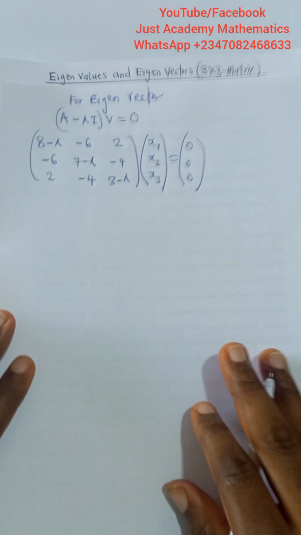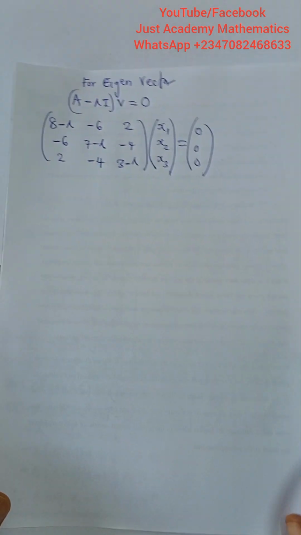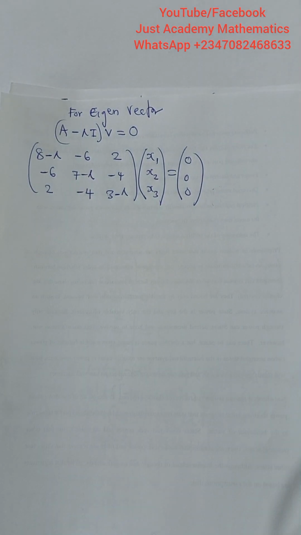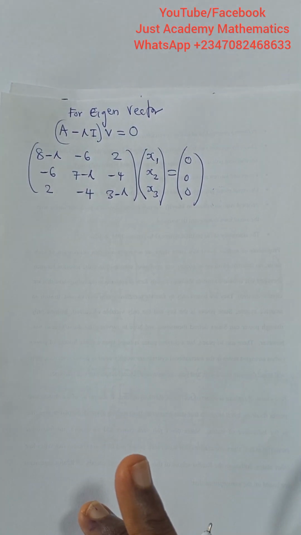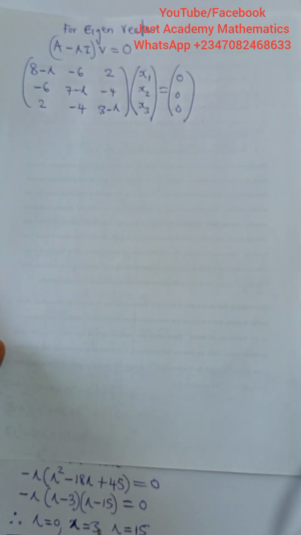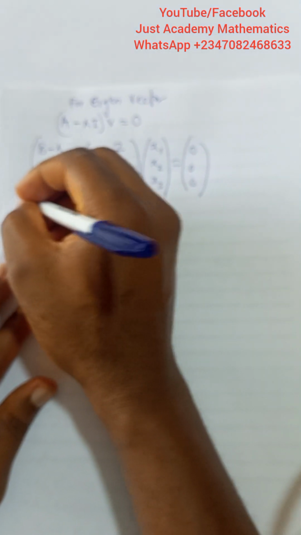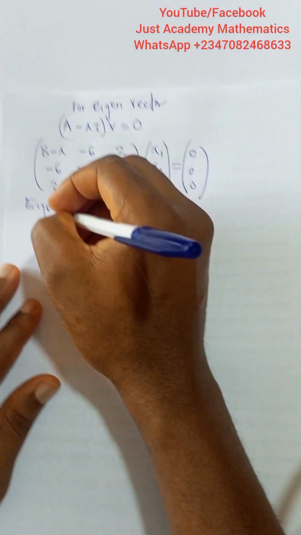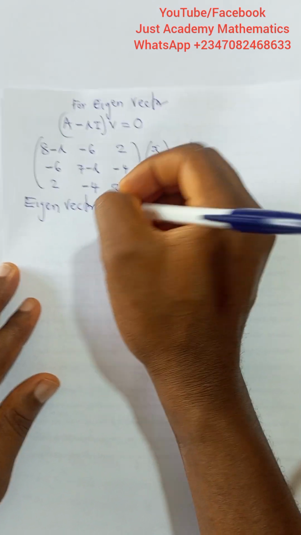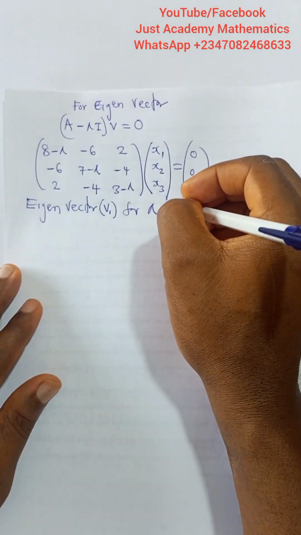So with that, we can proceed now. Remember that we have 3 eigenvalues, which are 0, 3, and 15. Let's proceed. Eigenvector, now we can call it V1, for lambda equals to 0.